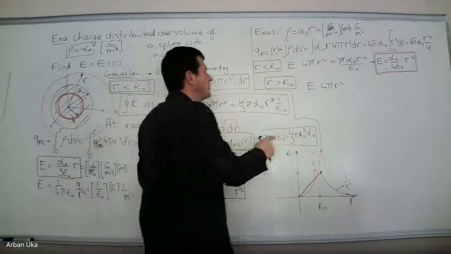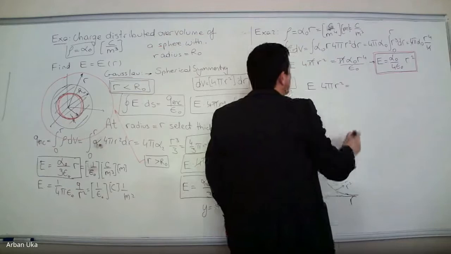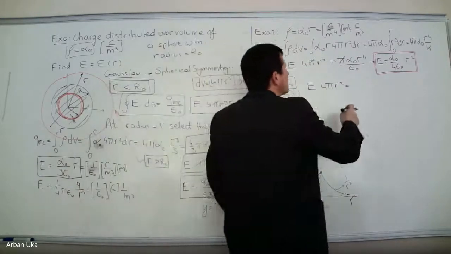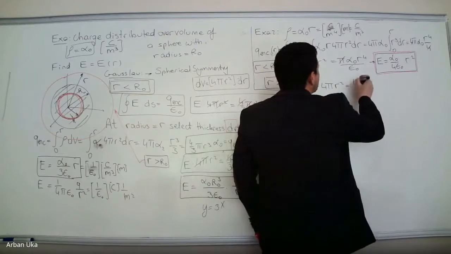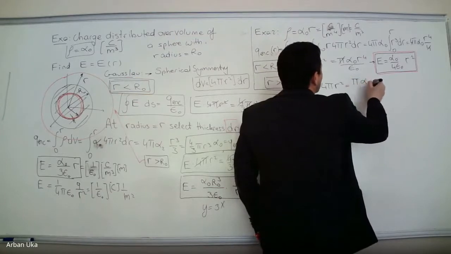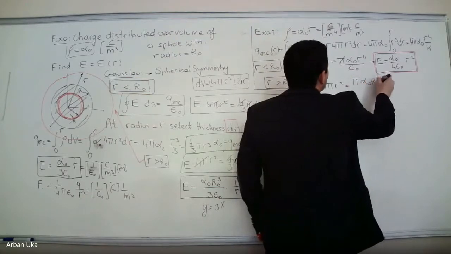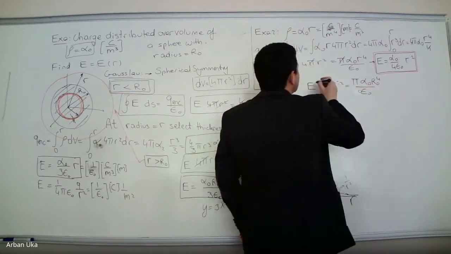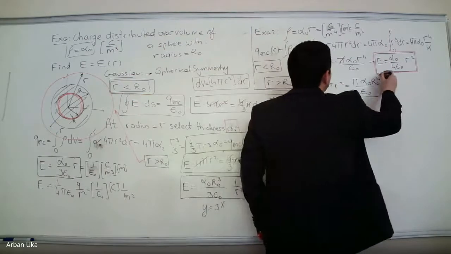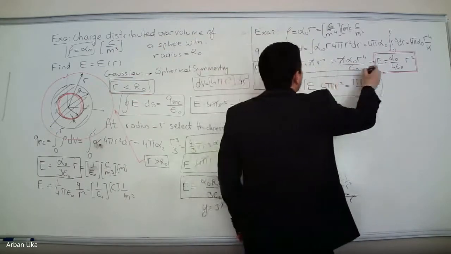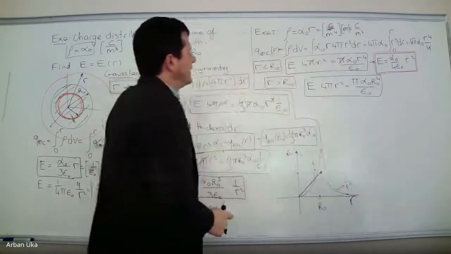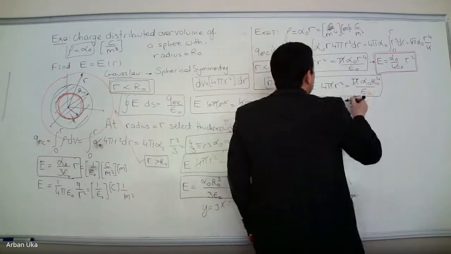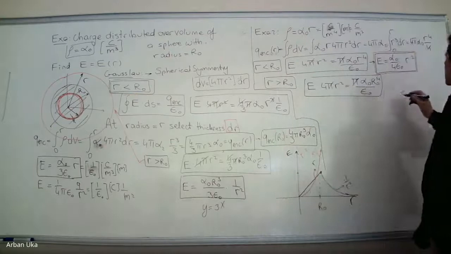So here we have E times 4 pi r squared. This will be equal to the charge which is enclosed, and the charge that is enclosed is equal to pi alpha 0 r0 to the power 4 divided by epsilon 0. Okay, and then let's see what we can improve here. So this is not improve, but cancel out.